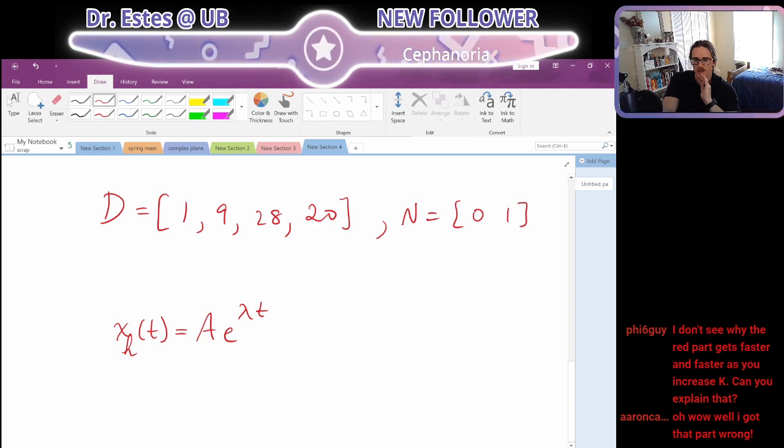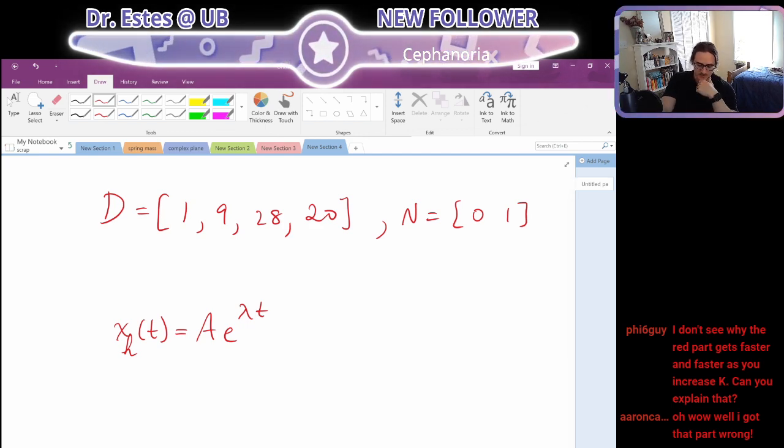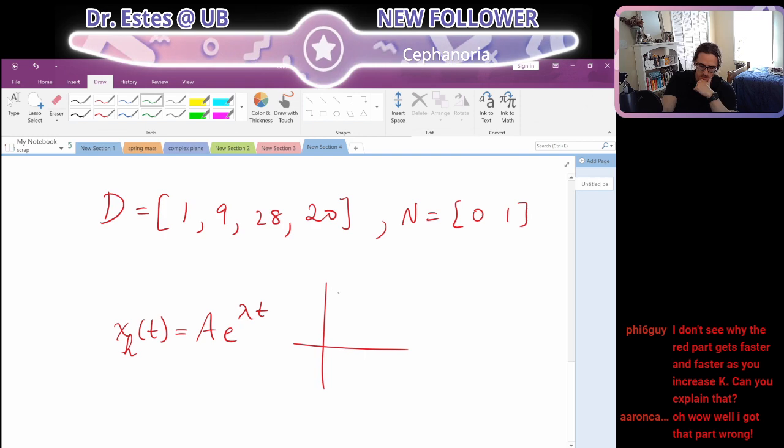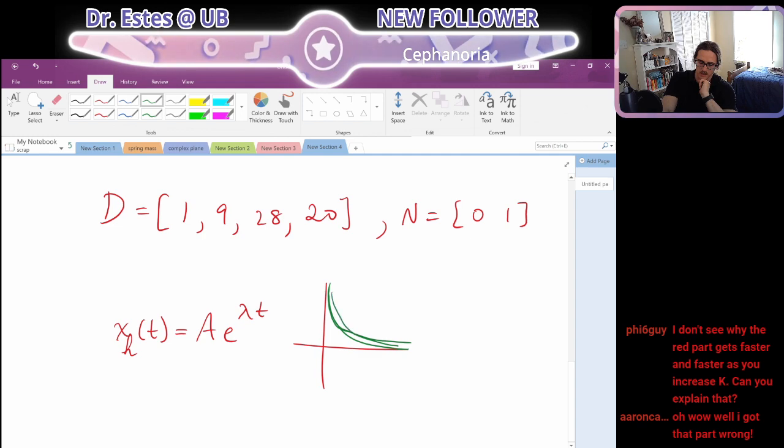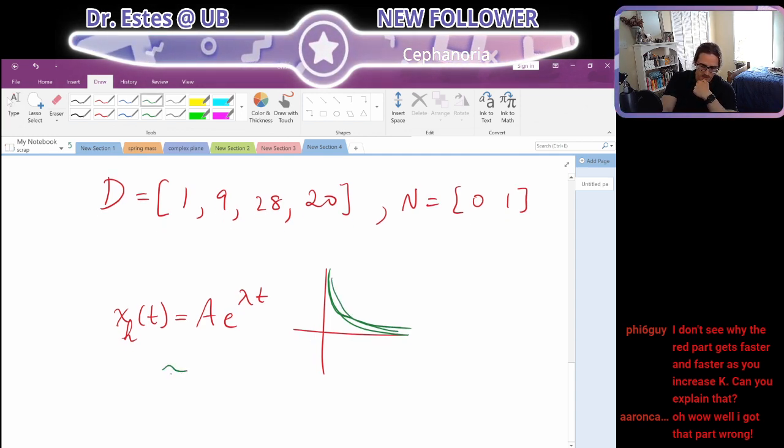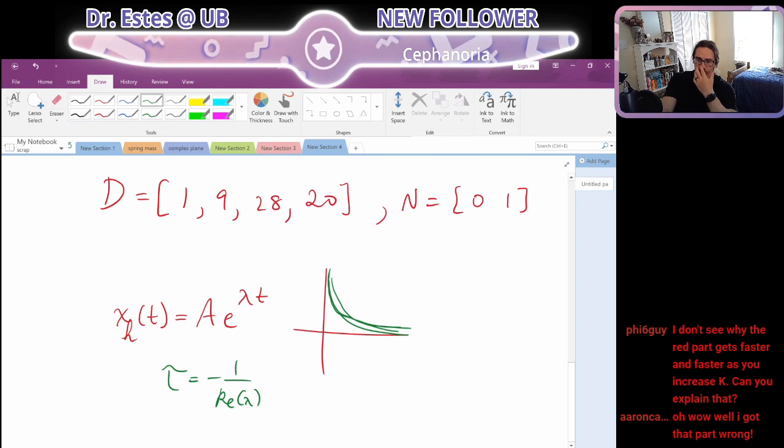It'll be exponential decay, and the time constant describes how quickly it decays. The time constant is -1 over the real part of the root in general.